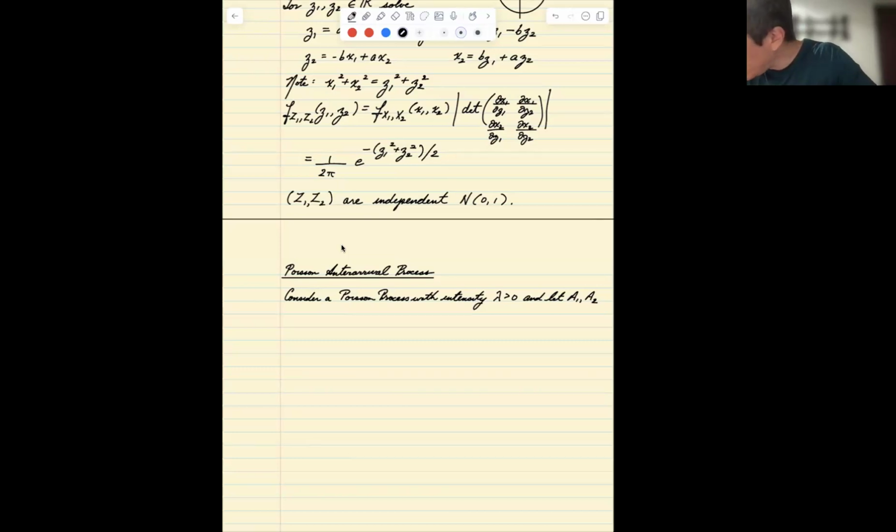So let A1 and A2 be the times of the first and second arrivals, respectively.